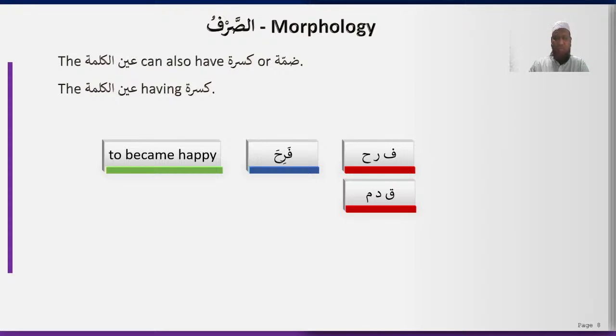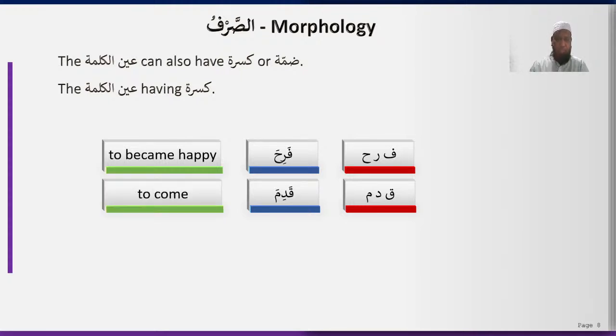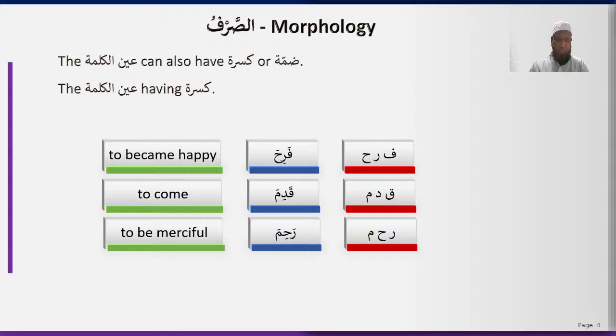Next, qaf, dal, mim. We already know the aynul kalima is kasra, so qadima, to come. Next, ra, ha, mim. We know the aynul kalima is kasra, so rahima, to be merciful.